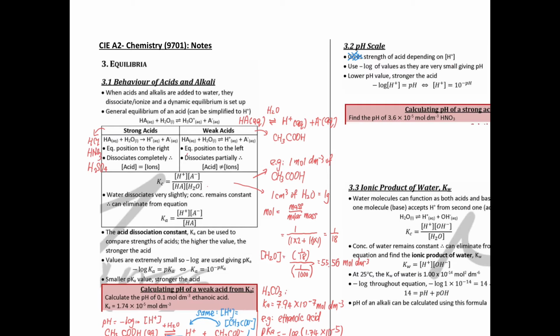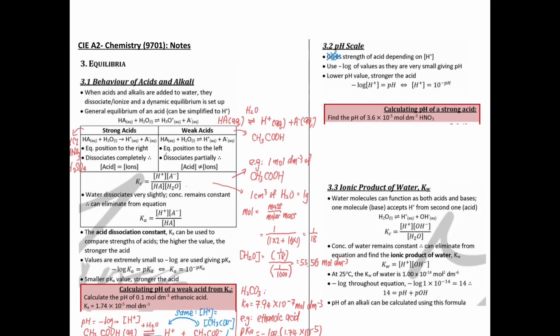In the table here, the concentration of acid given, 3.6 times 10 to the power of negative 5, is equal to the concentration of ions. That is good enough already. That means the concentration of H plus is the concentration of the acid. So I put it down here. Let's come back to this question.